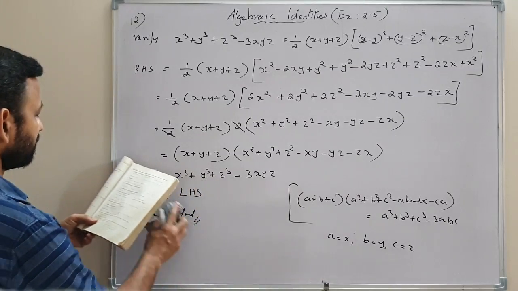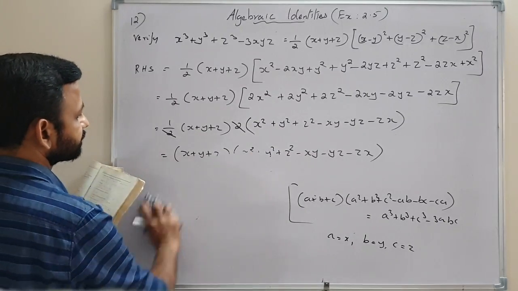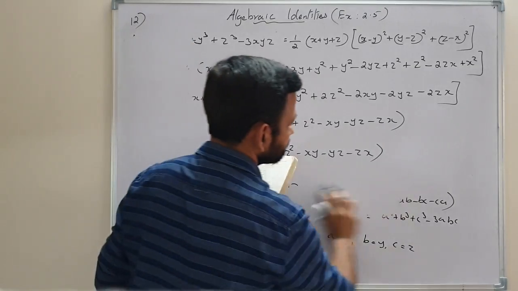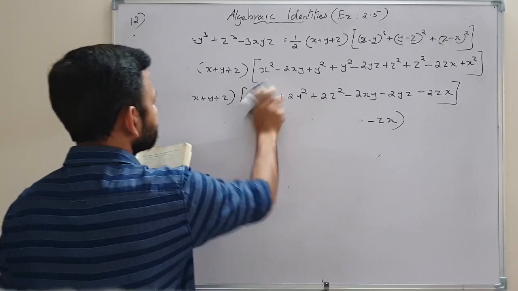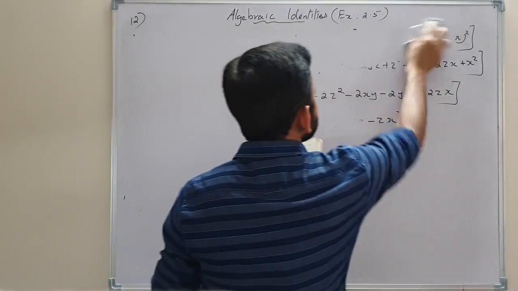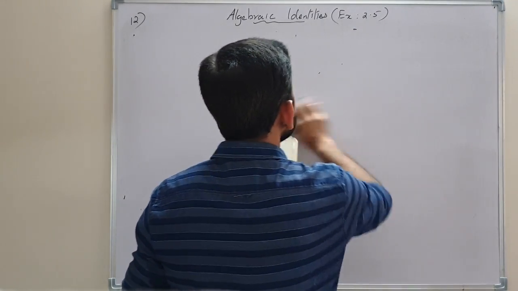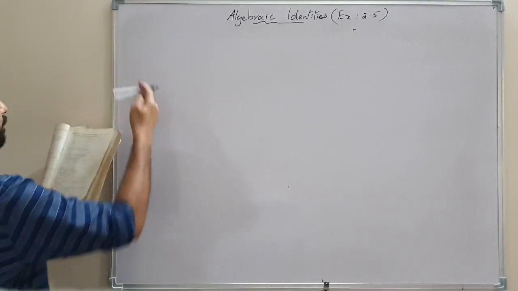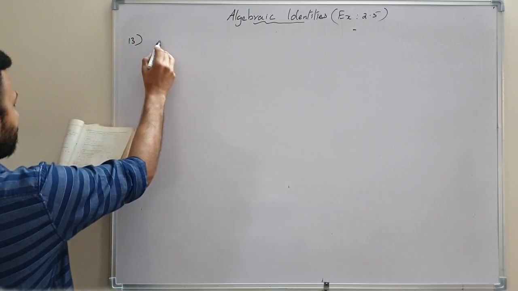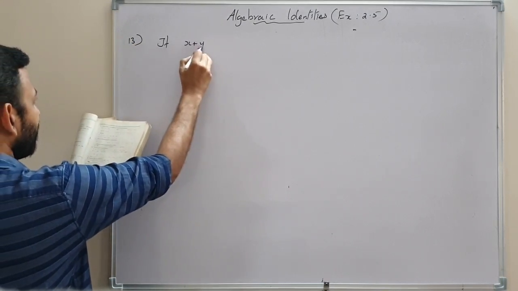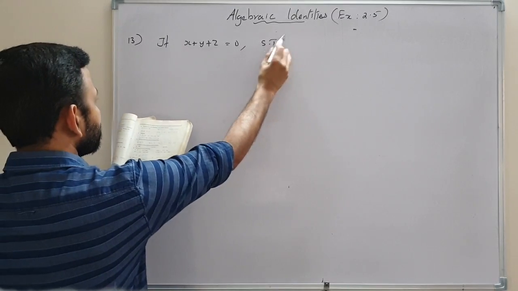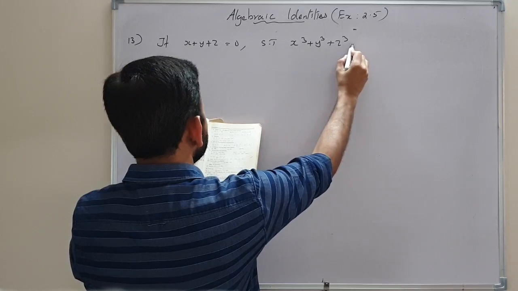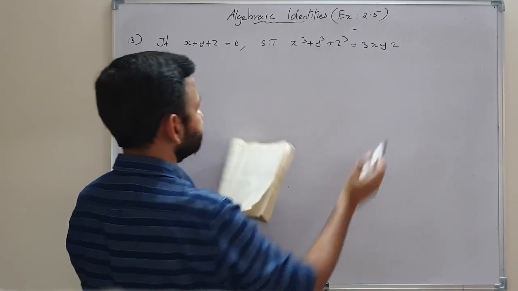Now we are going to do question number 13. If x plus y plus z equal to 0, show that x cube plus y cube plus z cube equal to 3xyz.